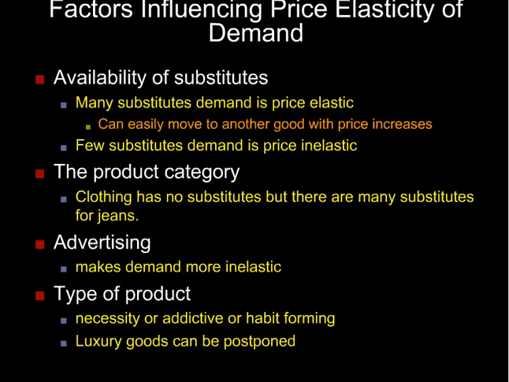But if you come within the category of clothing to something like jeans, you would see lots of substitutes for jeans, obviously not just in terms of jeans, but casual trousers generally. And even if you were in the jeans market, you would see that there was a lot of competition, and so jeans would have more price elastic demand than a category like clothing.